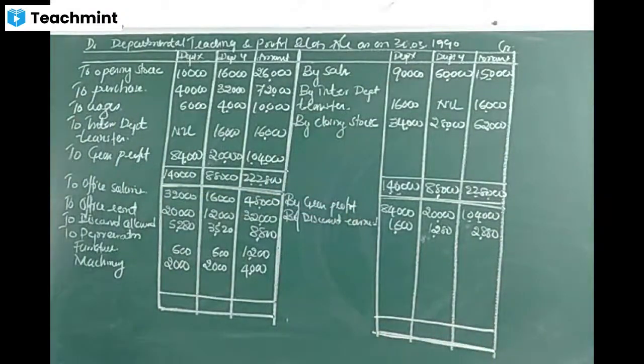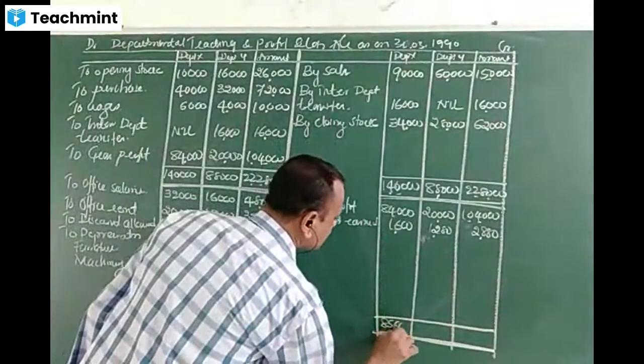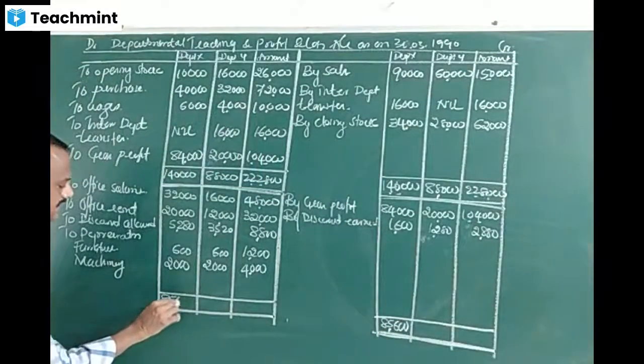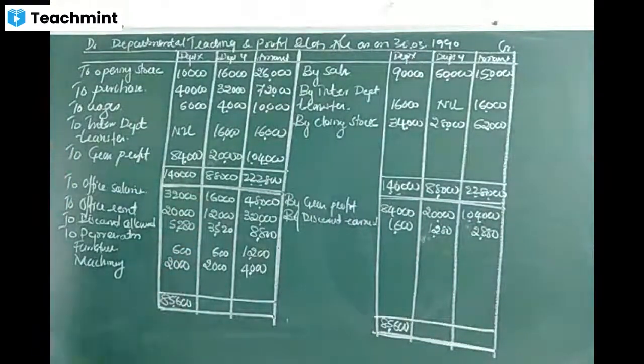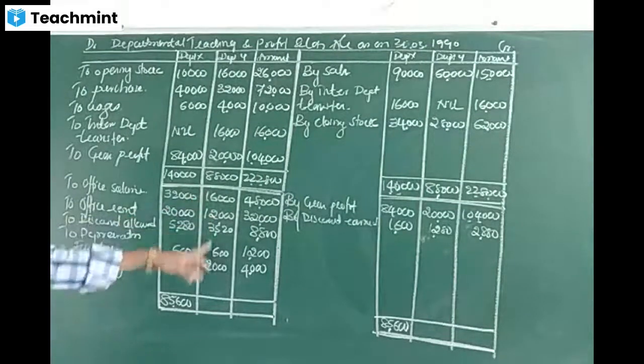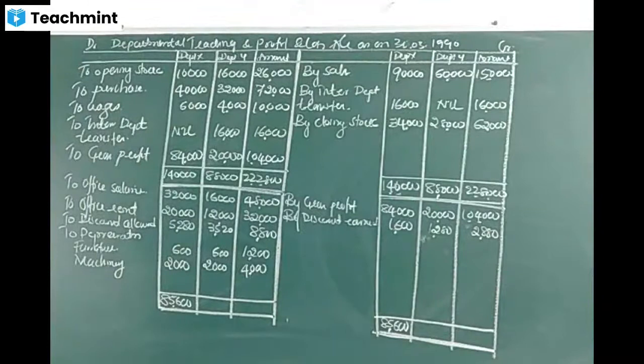How much? I think it is 85,600. Debit the total of Y, because here the debit balance is more, but here only 21,280 is at the credit side.